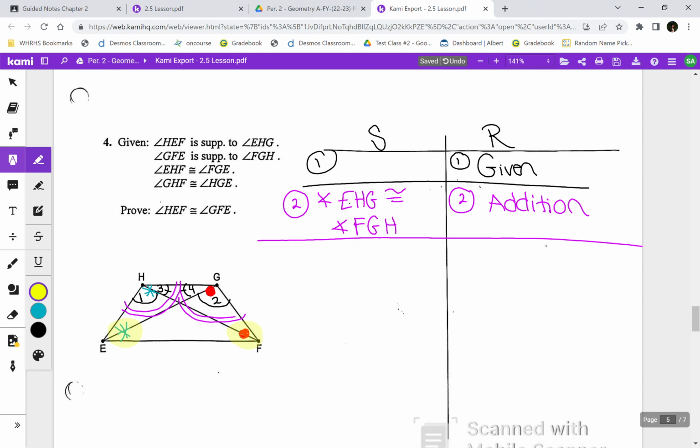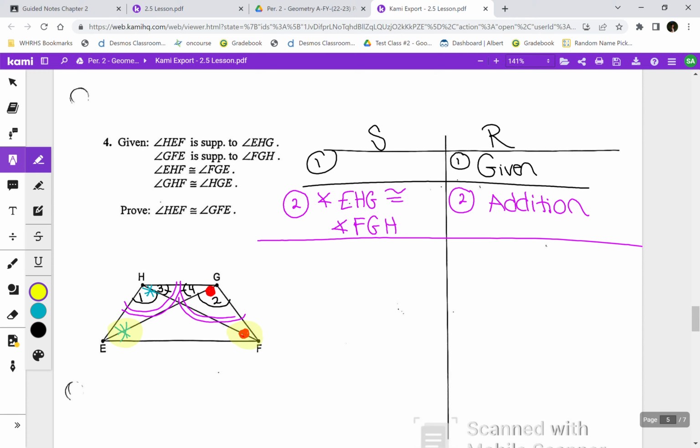Right now, this big angle E is a star and this big angle F is a dot. Can I say a star and a dot are congruent right now? No. But what do we know? We know that the big H and the big G are congruent, and we also know that the big E and the big H are supplements, and the big F and the big G are supplements.